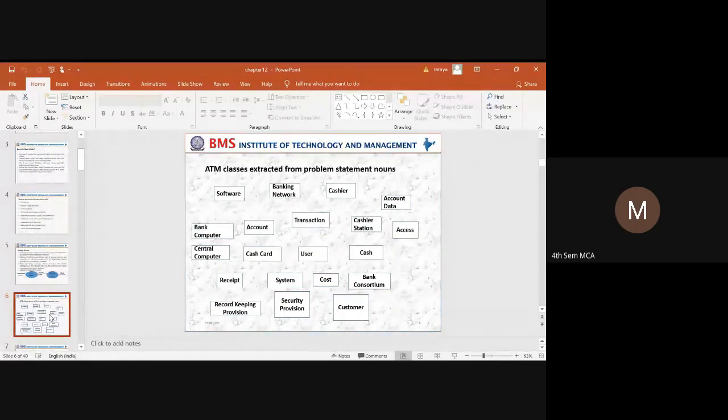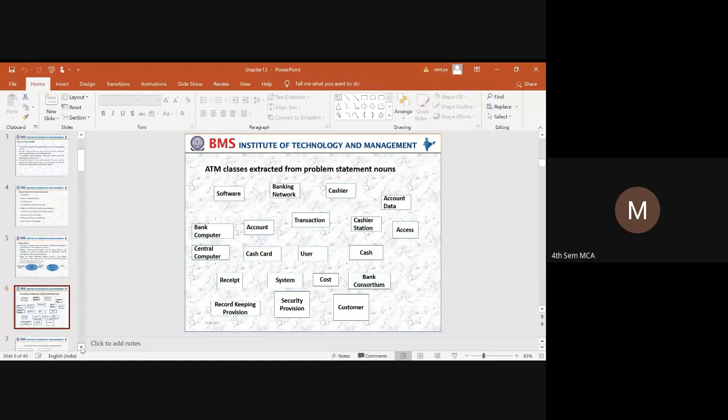In this slide, I have shown all the different names of classes where we have not eliminated any spurious classes. We have receipt, record keeping, provision, security, customer, bank consortium, system, cost, cash, access. Like this, whatever application we have taken, with respect to that application you need to list all the names of the classes.